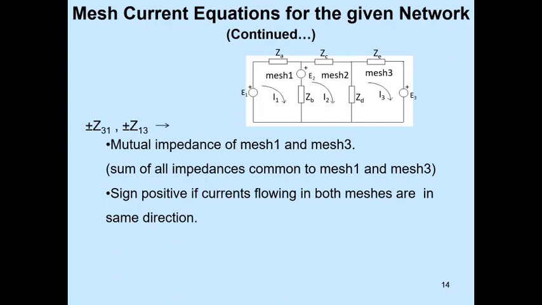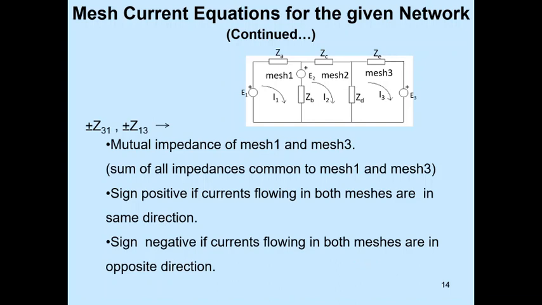The sign is positive if the currents flowing in both meshes are in the same direction. If the currents flowing in both meshes are in opposite directions, then the transfer impedance is negative. These are the rules in the mesh current equations.